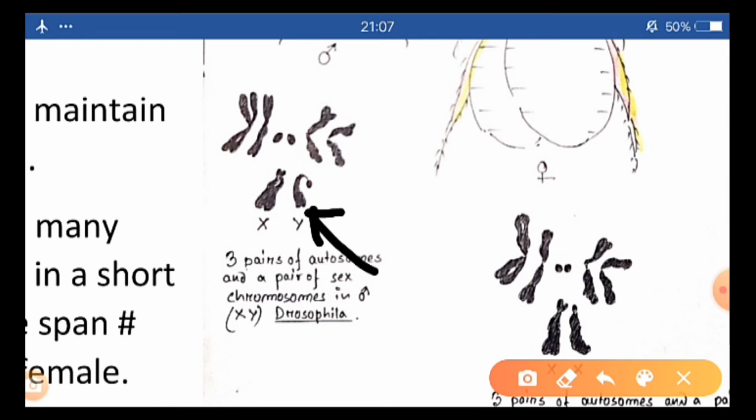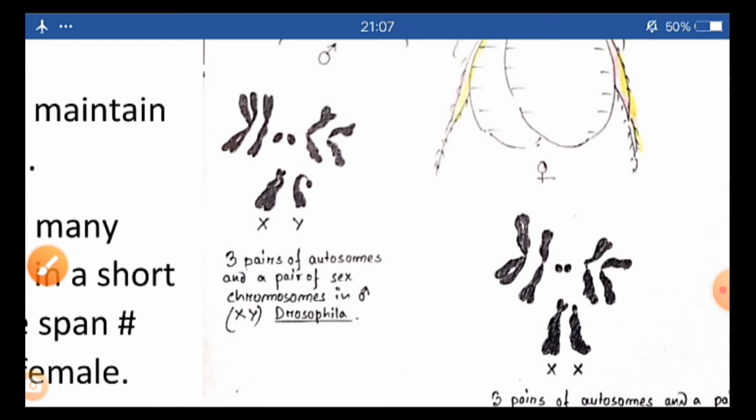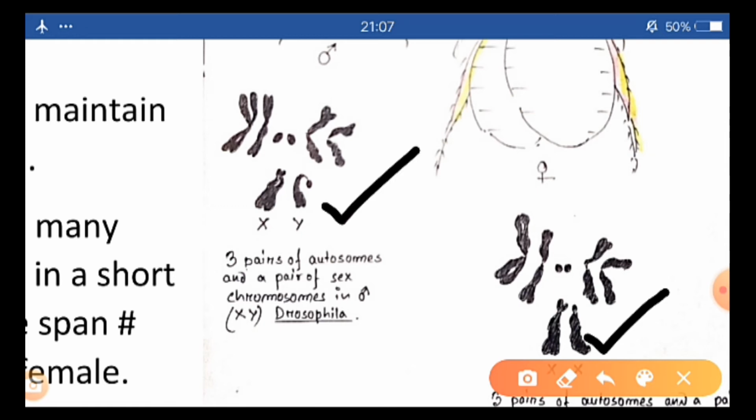In case of the female, the two sex chromosomes are morphologically similar, but in case of male, these two are not same morphologically. They are quite different.